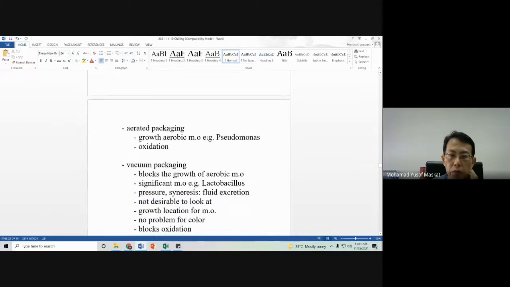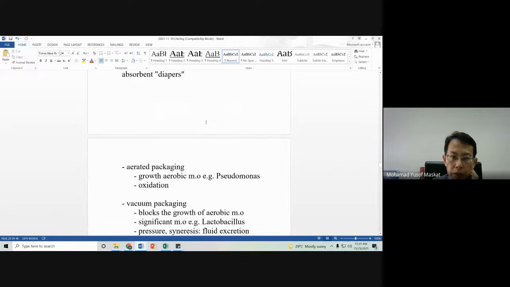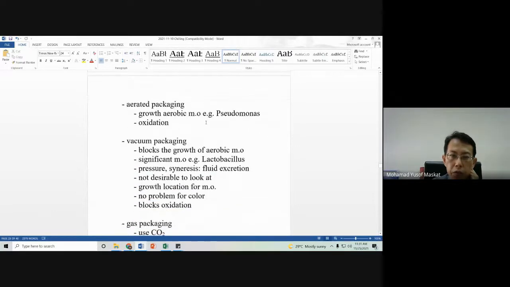And then, how do we package it? Similar to meats, there are 3 types of approaches. One is aerated packaging or air packaging. Basically you just put the products with the absorbents into a container and wrap it up.